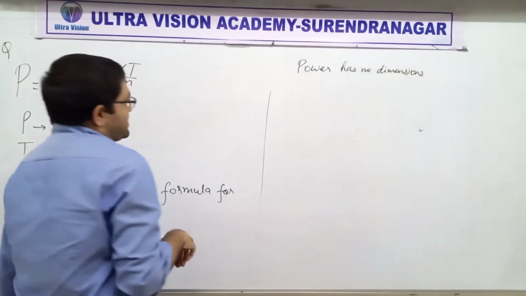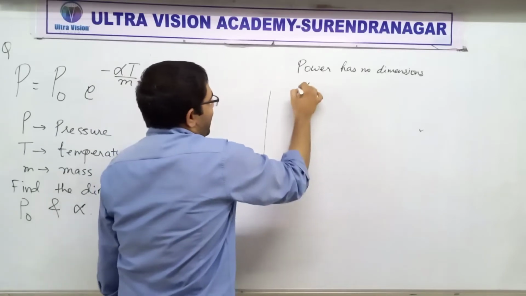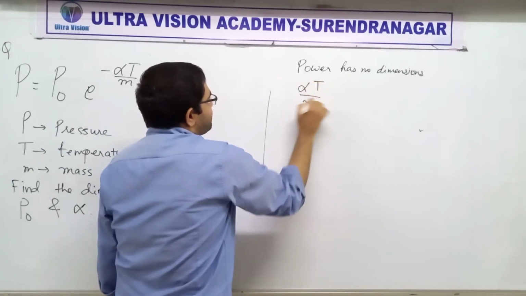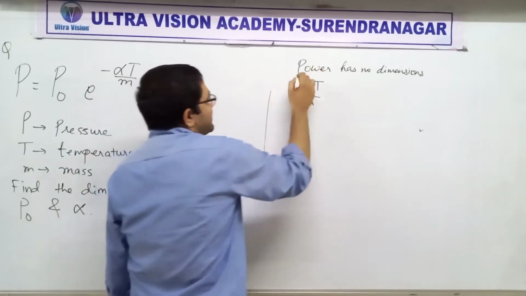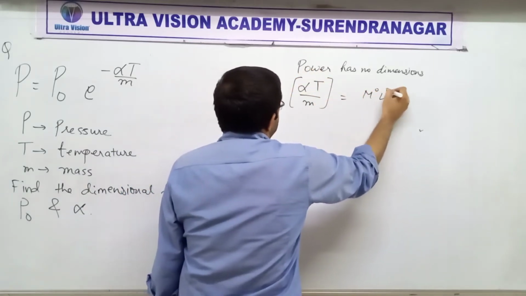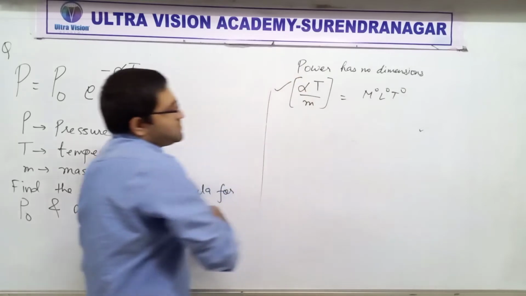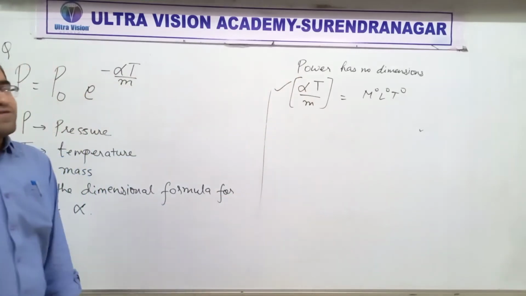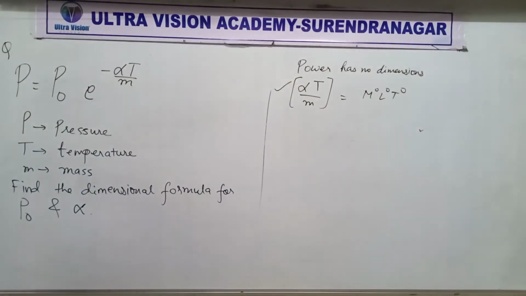That would mean alpha t by m together is dimensionless. Did you understand this line? Alpha t by m is dimensionless. The minus sign obviously does not have dimensions.